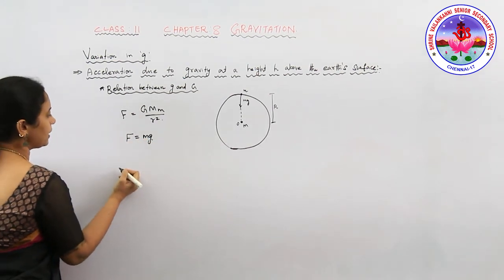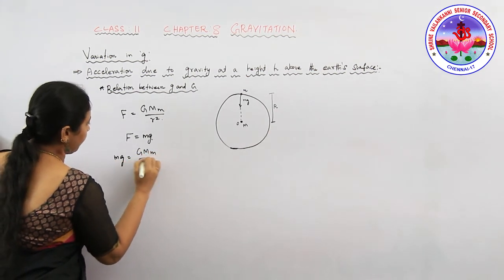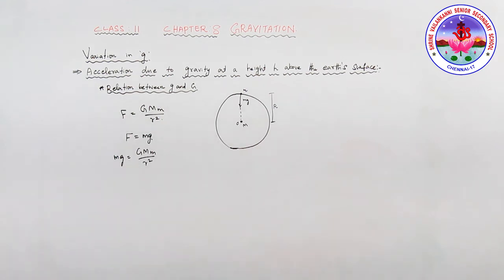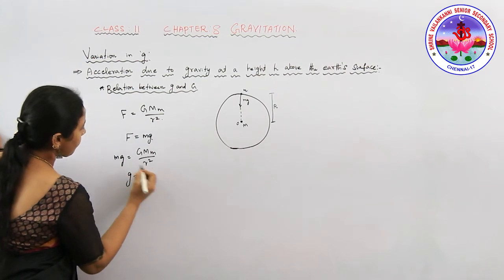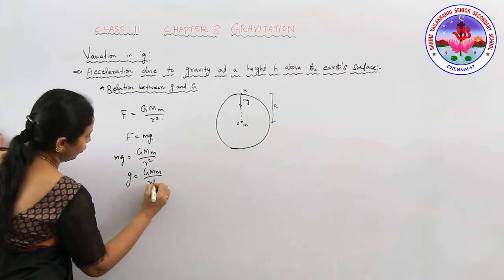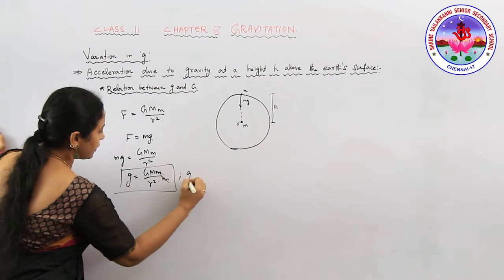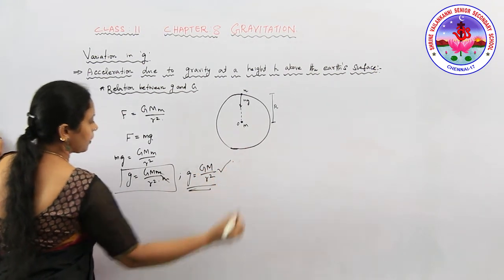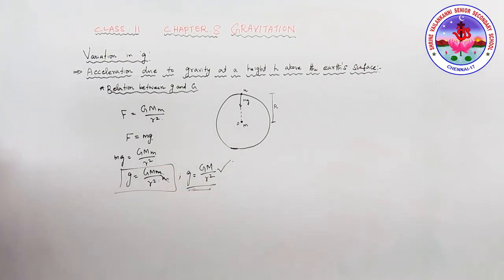We are going to compare these two equations. mg is equal to G M m by r square. Here we need the value of g, so g is equal to G M m by r square into m. The m will get cancelled out. Then g is equal to G M by r square. Okay, so this gives the relation between g and G.